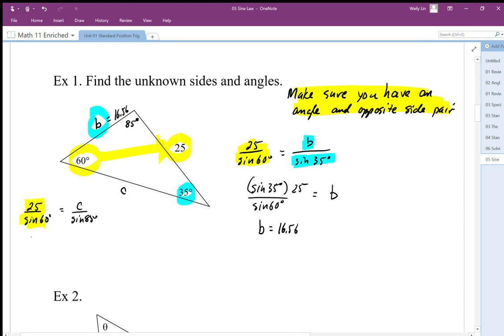So this ends up being sine of 85 degrees over sine of 60 times 25 as a factor, and that's equal to the length of C. That works out to be, okay, so what do we get here?